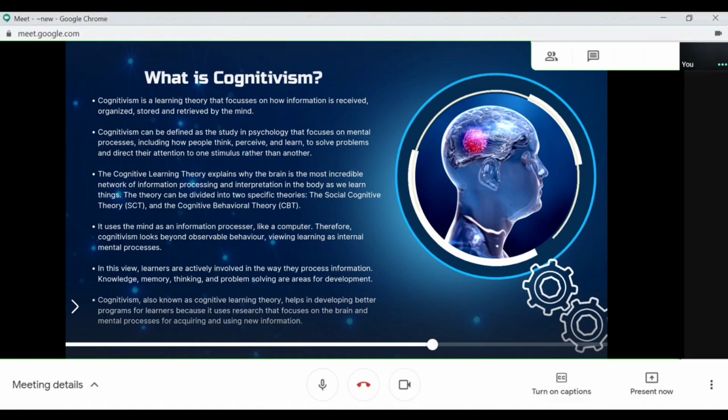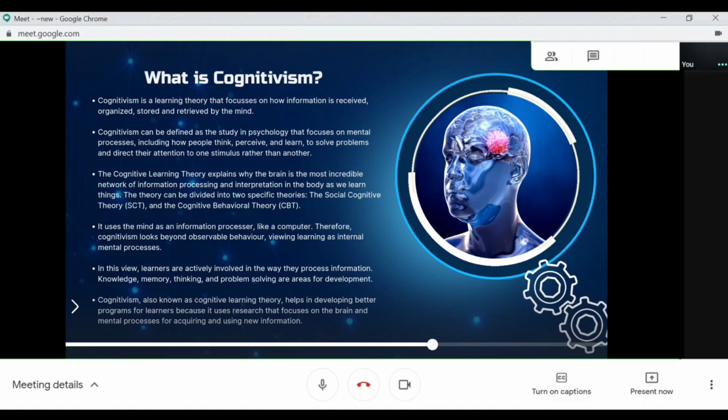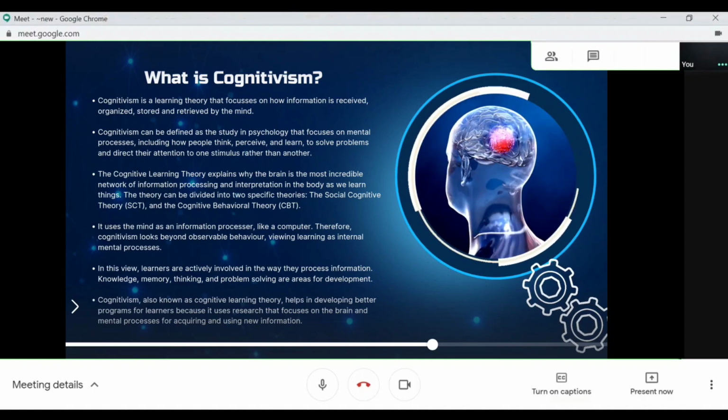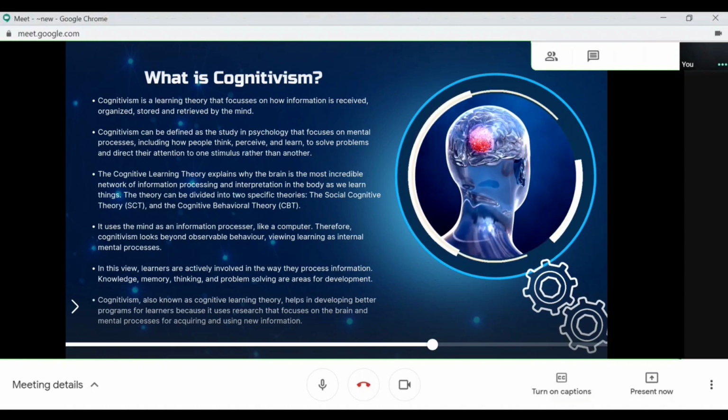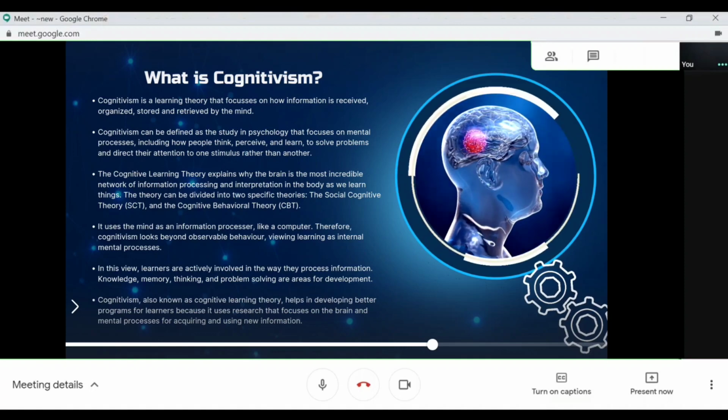So in this view, learners are actively involved in the way they process information. Knowledge, memory, thinking, and problem solving are areas for development.